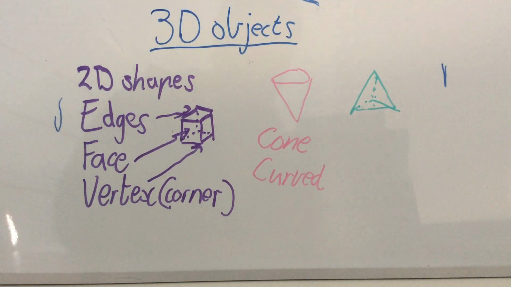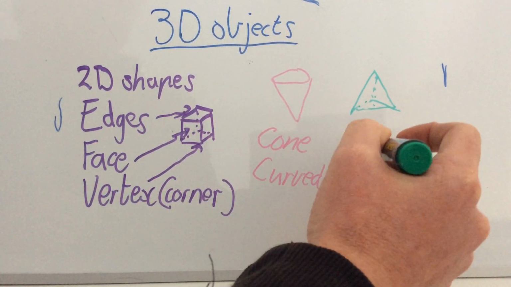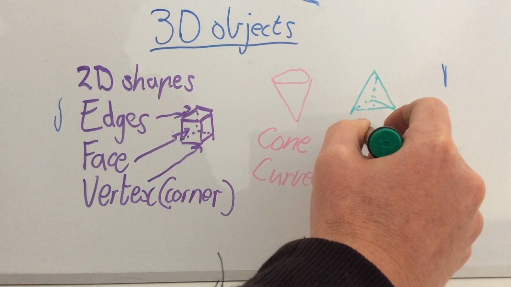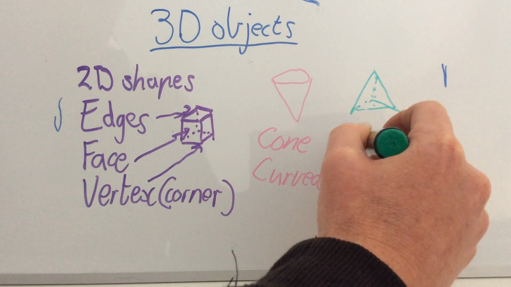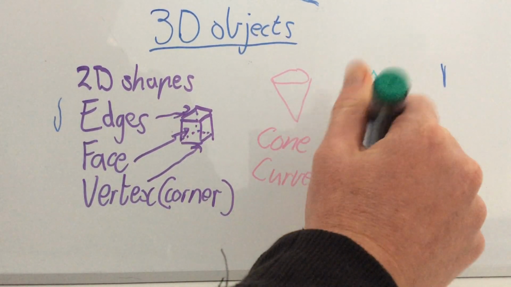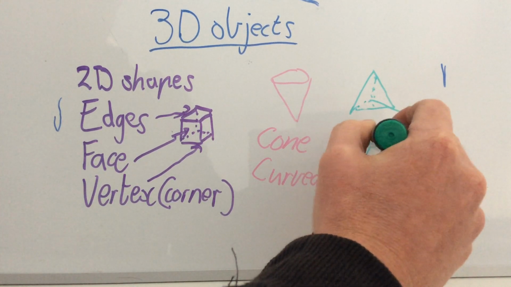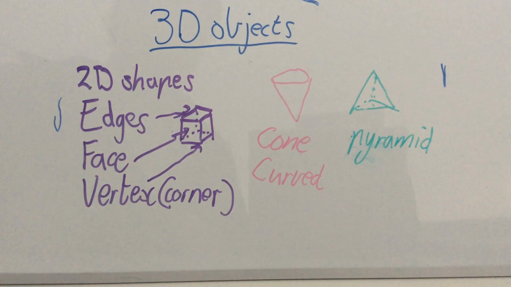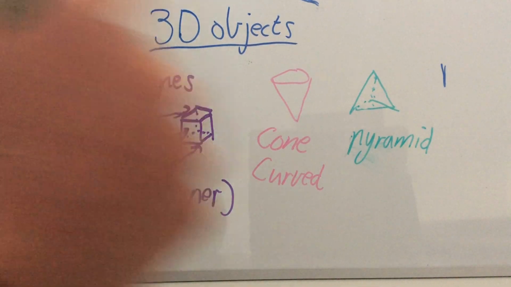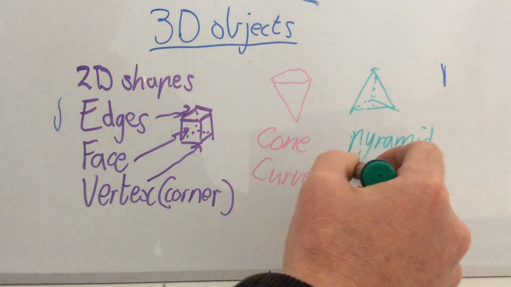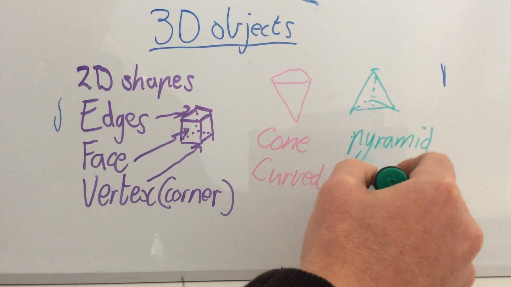So a triangular based pyramid. The word we have which is important is a pyramid, very common. And then at the top here, when there's a corner at the top, is often called the apex.